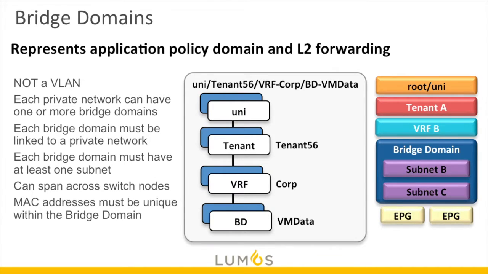So, a bridge domain. A bridge domain is not a VLAN. If you think about what a VLAN is, it's a LAN that has been virtualized so that we can have multiple LANs on a given switch. Back in the old days, a router or a hub or a simple bridge would have just a single broadcast domain on it. If you sent out an ARP, it would go across all ports, that kind of thing.